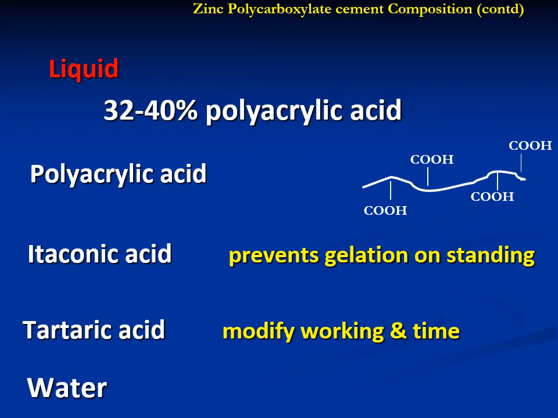In addition, itaconic acid prevents gelation on standing, because as we store it in the clinic, the itaconic acid prevents the thickening of the liquid so that we cannot use it anymore. The tartaric acid is added to modify the working and setting time, in addition to the water in the liquid.